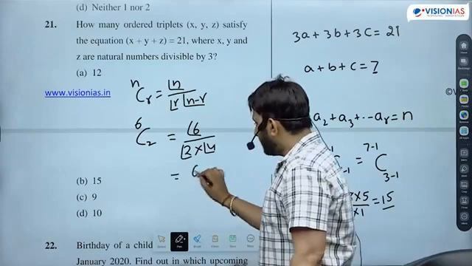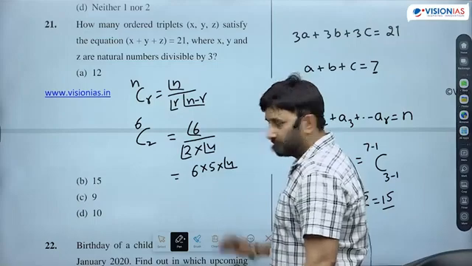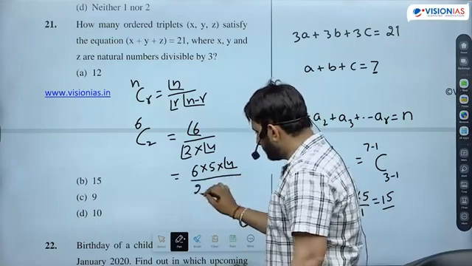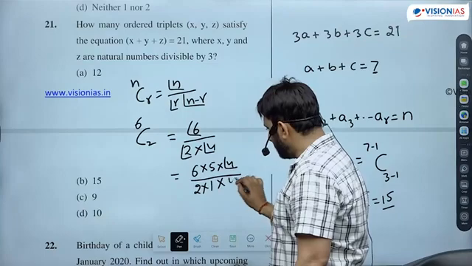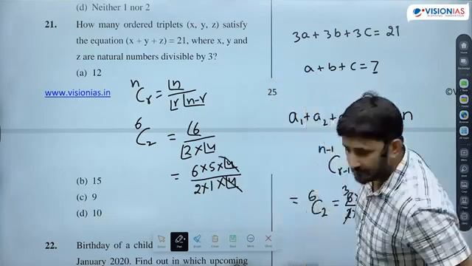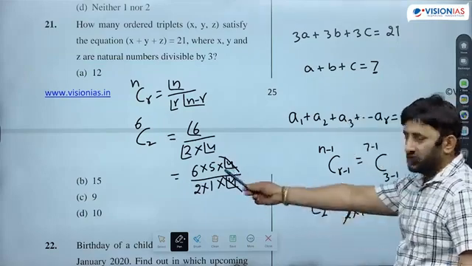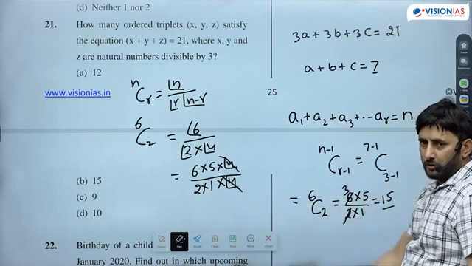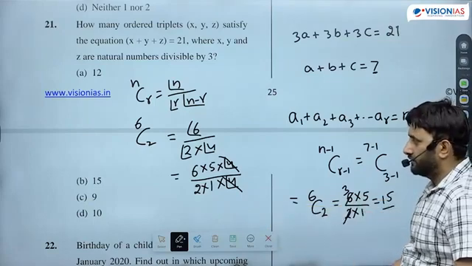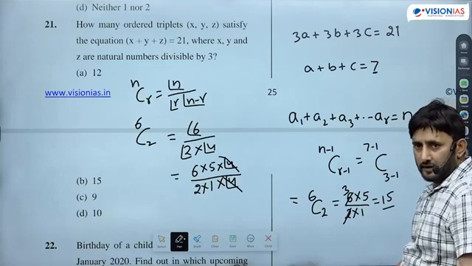Now write 6 factorial as 6 into 5 into 4 factorial, divided by 2 factorial which is 2 into 1, and 4 factorial as it is. This part will get cancelled. So for 6C2, on top only 2 terms remain, 6 and 5, and at the bottom 2 terms remain, 2 and 1. The answer is coming out to be 15. Clear?